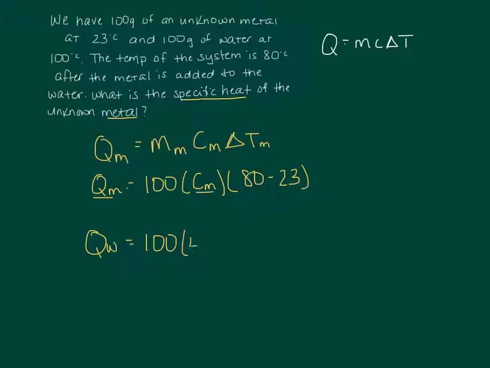I know that the specific heat of my water is 4.18 joules per gram per degree Celsius. Again, that'll be given. And my temperature change is final minus initial, 80 minus 100. Notice here I'm going from a bigger number to a smaller number, so my temperature change is going to be negative. So this is going to be Qw equals 100 times 4.18 times negative 20.